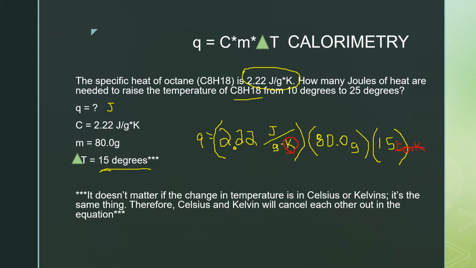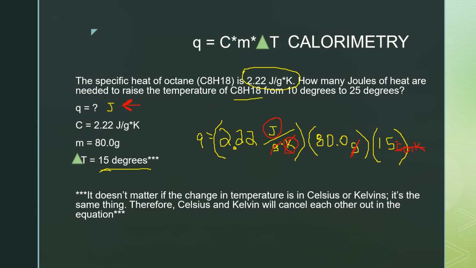And then the gram in the specific heat, the 2.22 joules over grams times Kelvin, cancels out because of this gram right here, the 80.0 grams of the mass. The only thing left is the joules for the unit of measurement. So you know the end result of this question is going to be joules. And that's exactly what we need because the formula asks the question, what is Q? And Q is in the unit of measurement of joules.